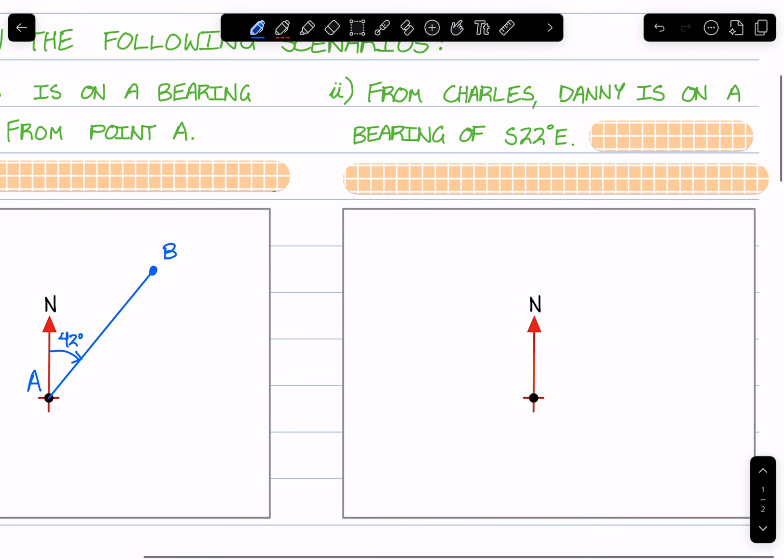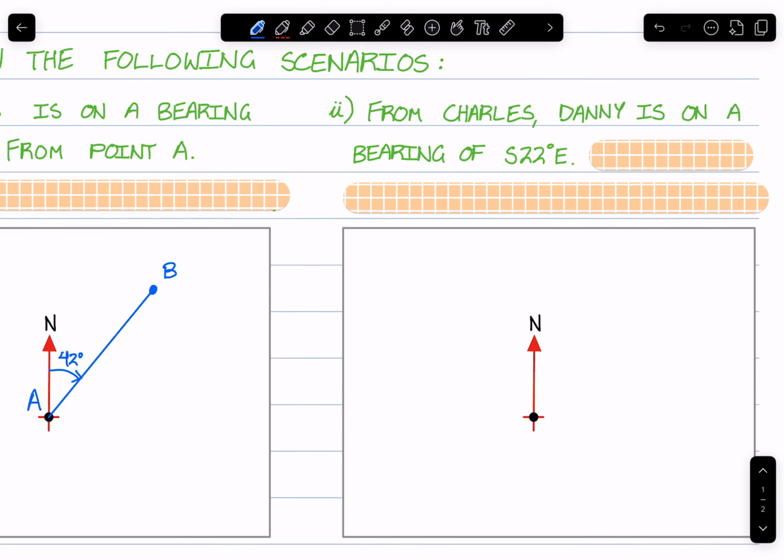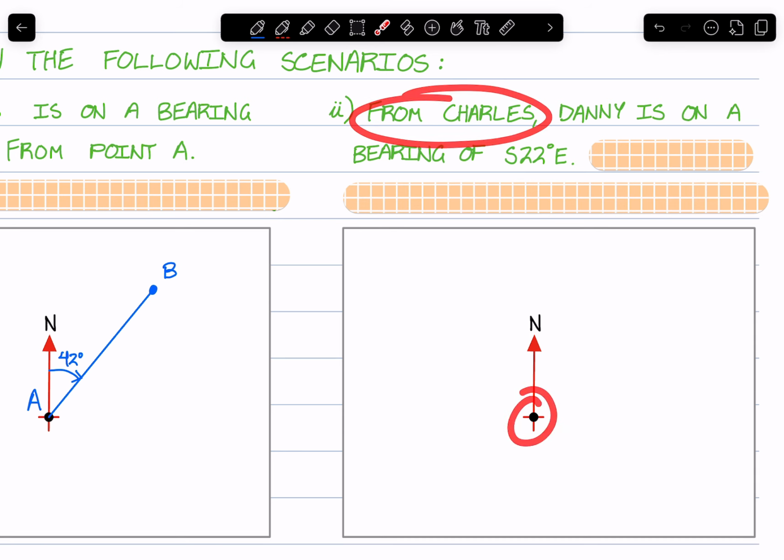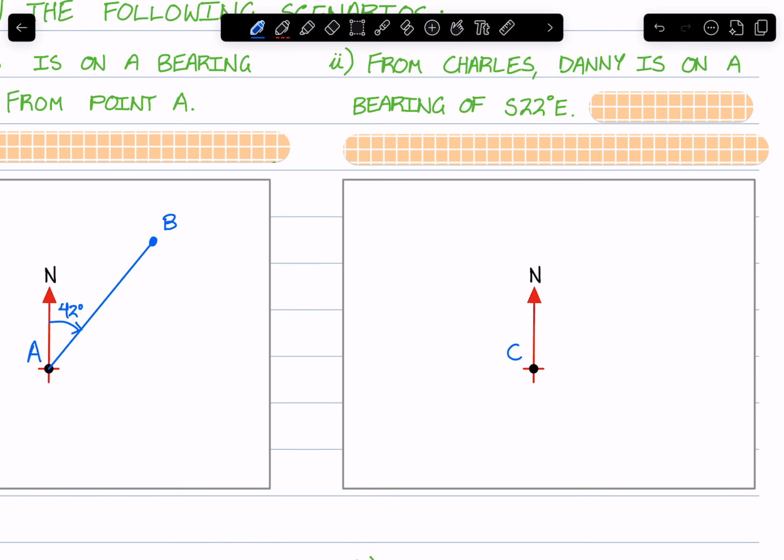Okay, let's do this next one. It says, from Charles, Danny is on a bearing of south 22 degrees east. So once again, the wording from Charles. So Charles is in the center of this compass diagram. So Charles, so C. Danny is on a bearing of south 22 degrees east.